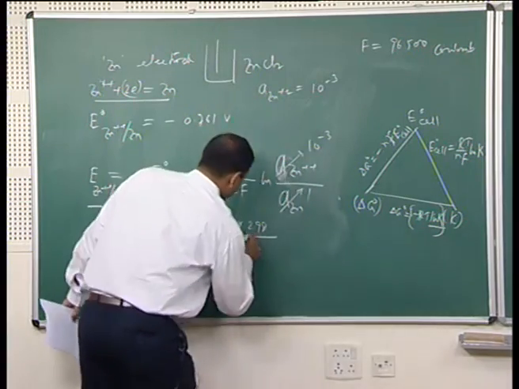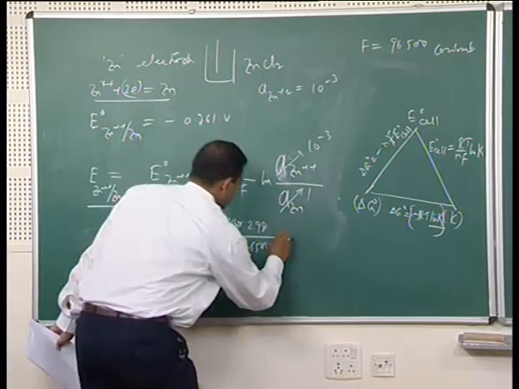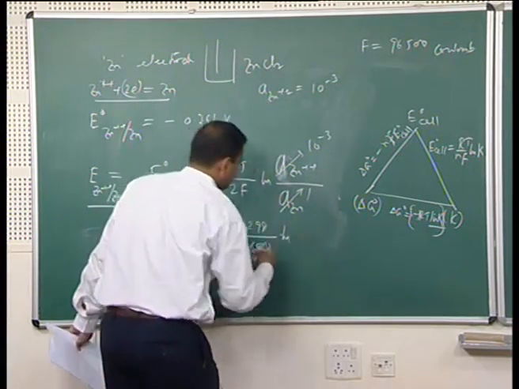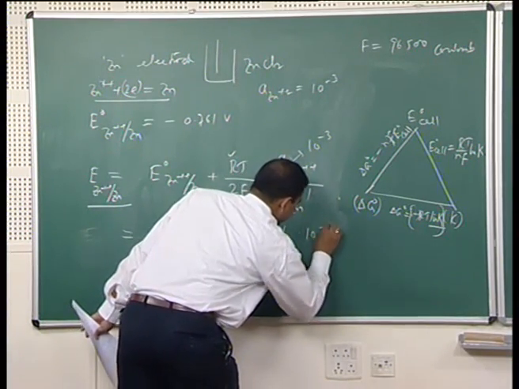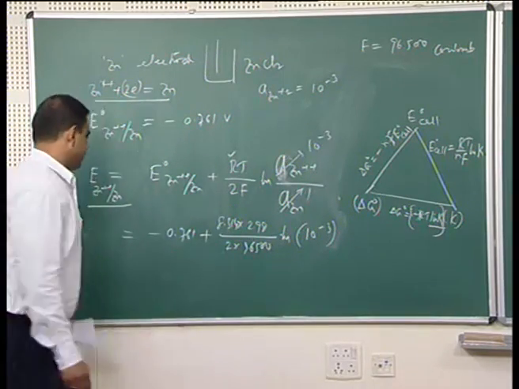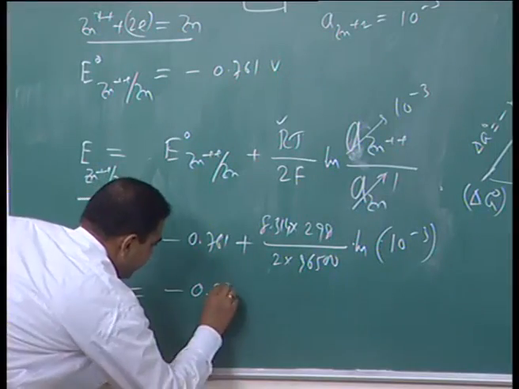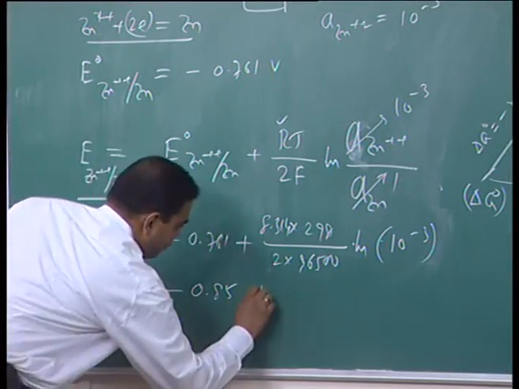So let me put those values, 2 into 96500 into ln 10 to the power minus 3. Now if you calculate this, the value would become minus 0.85 volt.